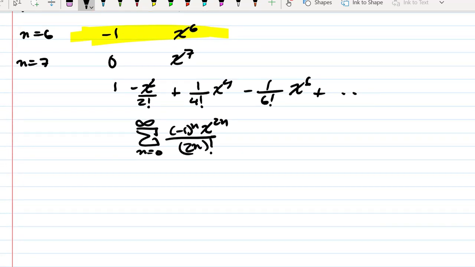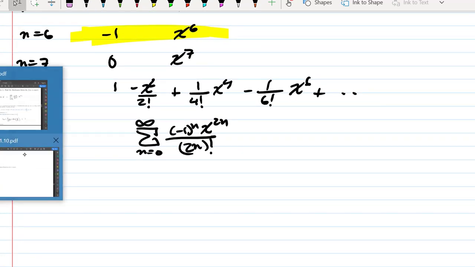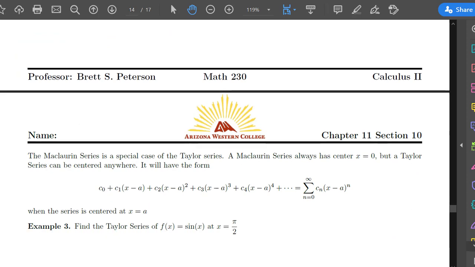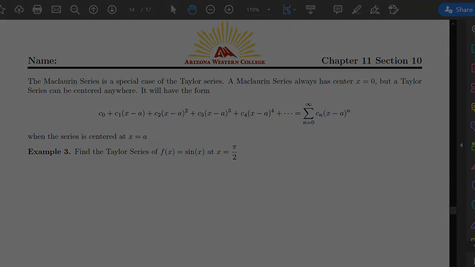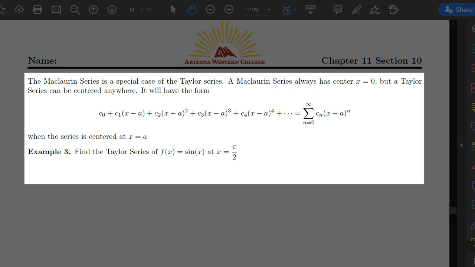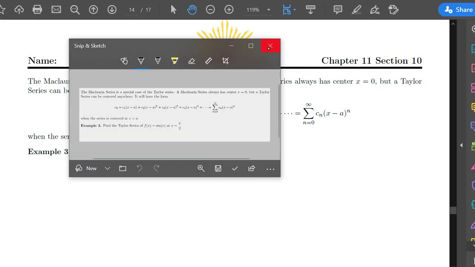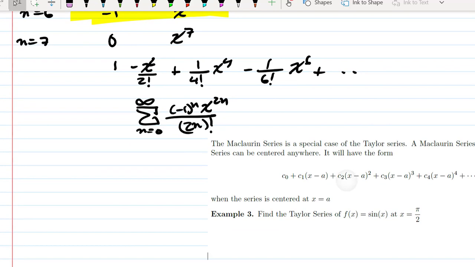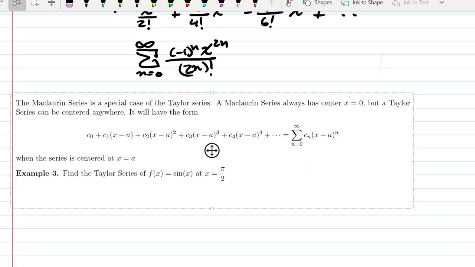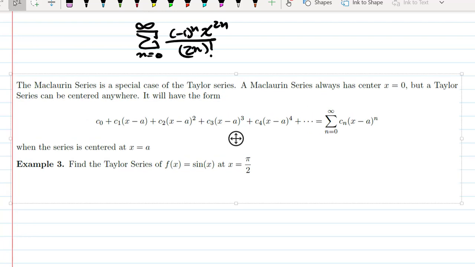So the Maclaurin series is a special case of a more general series called a Taylor series. The Maclaurin series is always centered at x equals 0. But as we discovered with a linear approximation, sometimes it's better to move the center somewhere else.